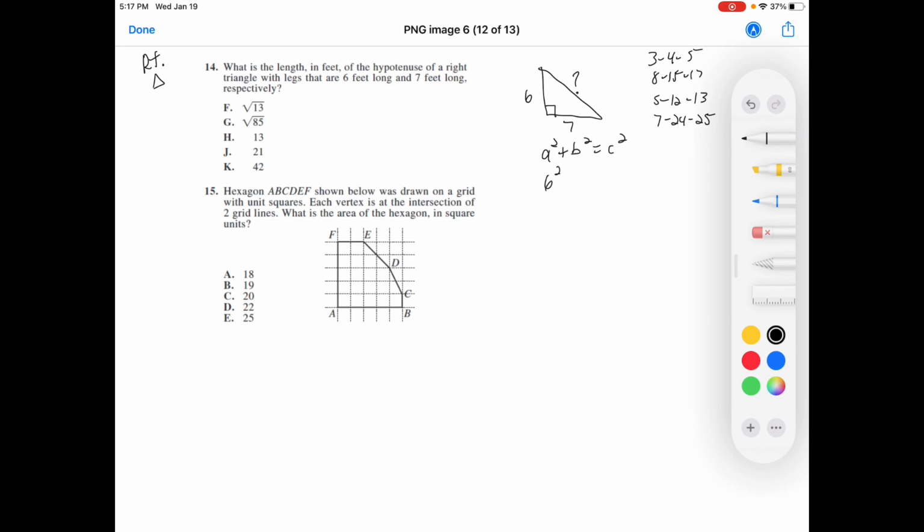So 6 squared plus 7 squared equals c squared. 6 squared is 36, 7 squared is 49 equals c squared, and combine those two, we're going to get 85 equals c squared. That's my hypotenuse squared. So to get the hypotenuse, we'll take the square root of that. Square root that, we'll get c equals square root 85, and this happens to be an answer choice, which is G.